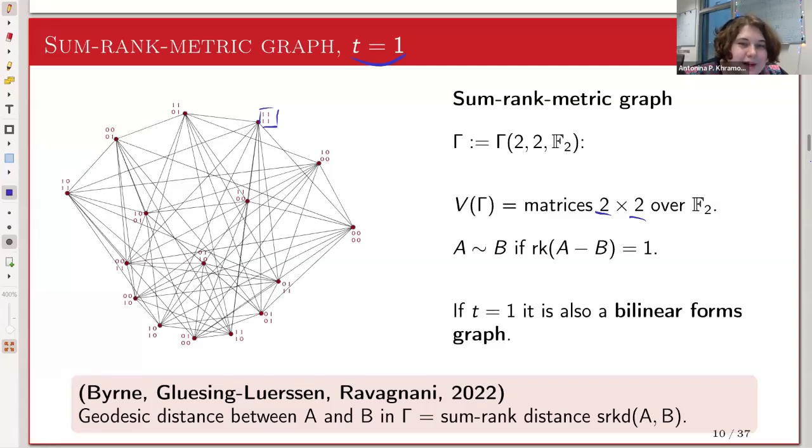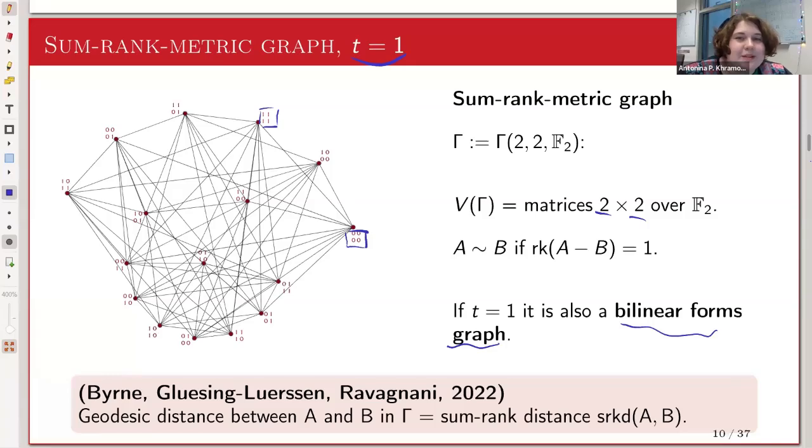You can probably find the 0 matrix here and check that it is only adjacent to all the 2 by 2 matrices of rank 1, which is what's supposed to happen. In this case, when t is equal to 1, these graphs are also widely known as bilinear forms graphs. So it's exactly the same definition, except we restrict t to 1.